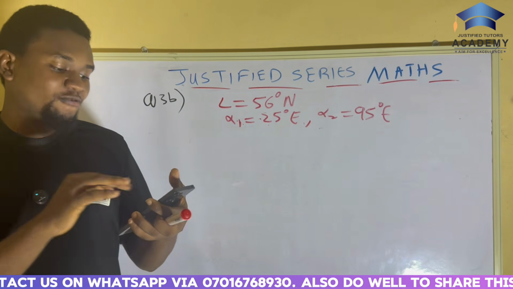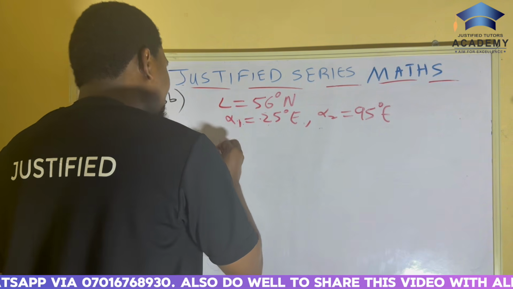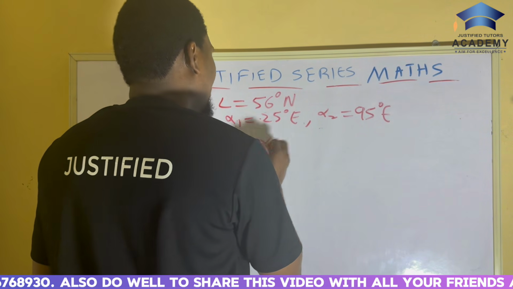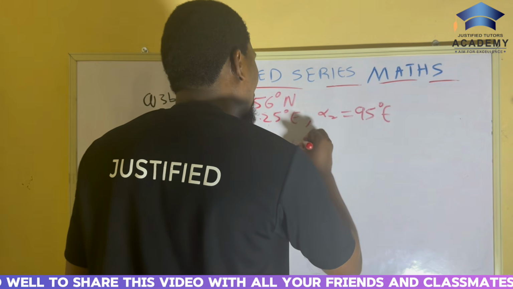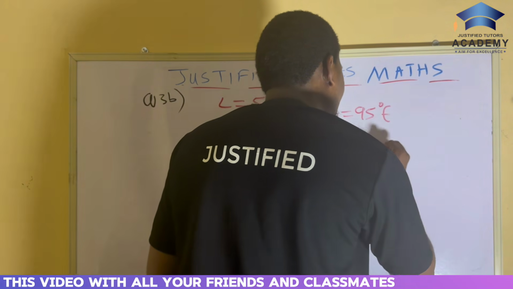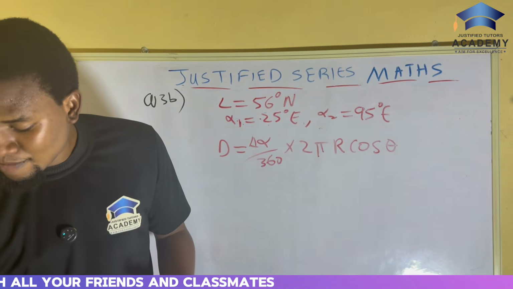So what's the formula? Your D is equal to your change in alpha over 360 times 2 pi big R cos theta.